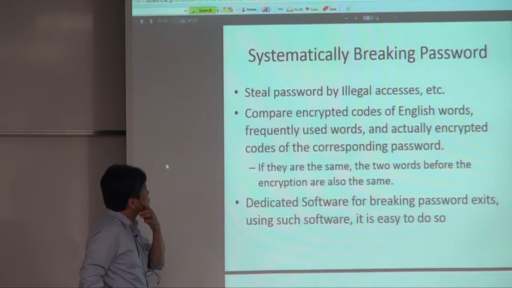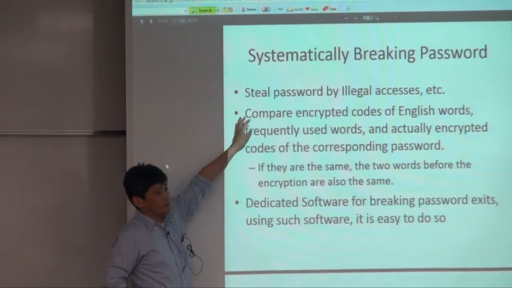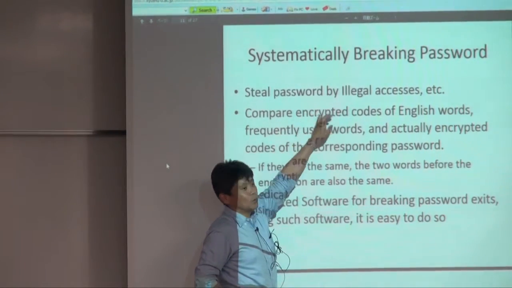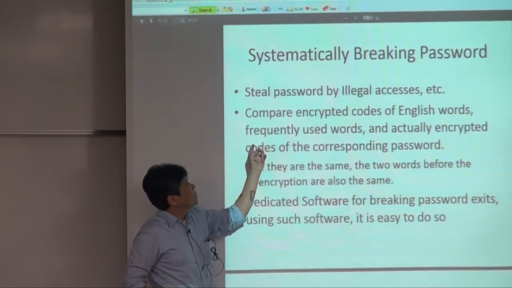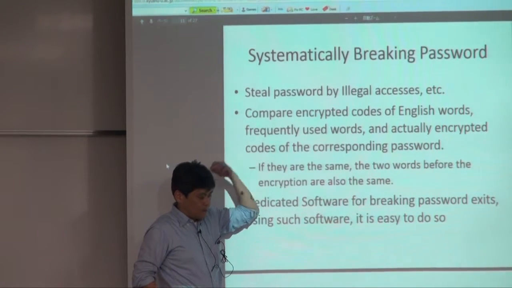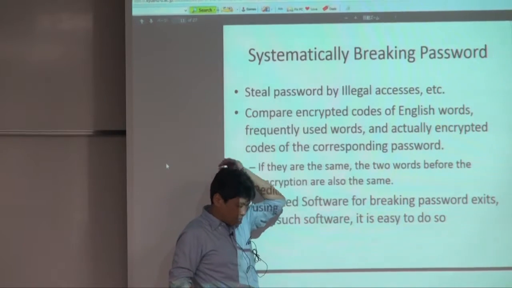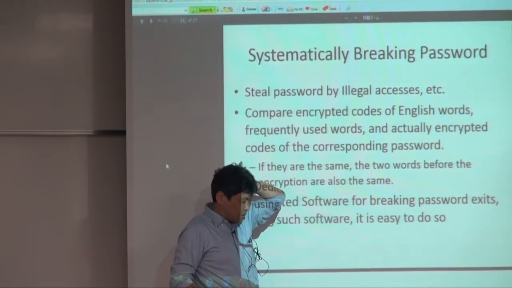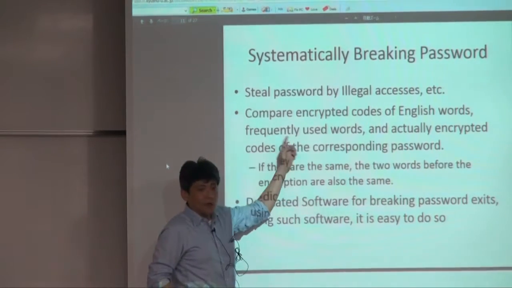Using such software, they compare the encrypted code of any English word or frequently used words. Usually some users make a password related to an English word or frequently used word.